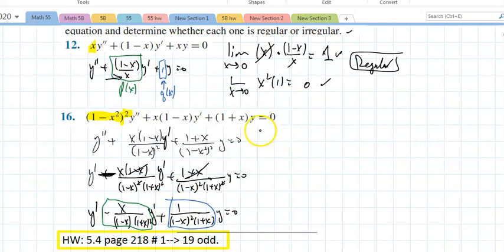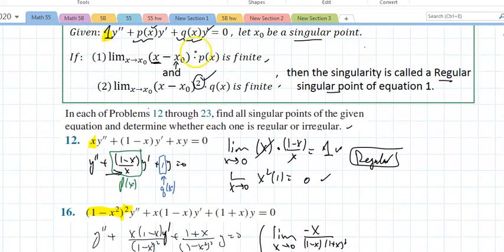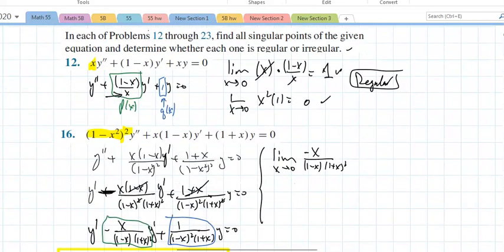So if I take the limit as x approaches 0 of x over negative x over (1 minus x)(1 plus x) squared, I'm going to multiply that by what? I'm going to multiply that by x minus, and I have a few things to really worry about.